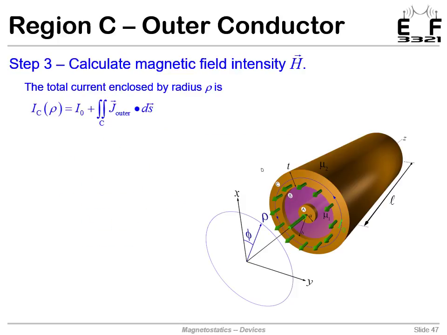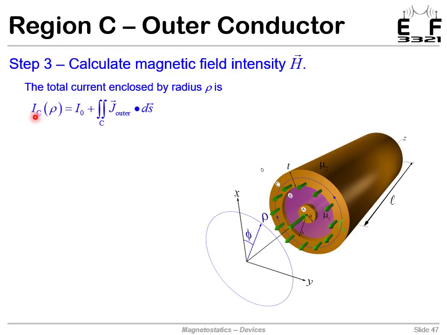Given the current density, now we're in a position to calculate the total current enclosed by this contour. And it's a little bit more complicated because we have the current in the inner conductor that's also enclosed, and then we're really subtracting the current in the outer conductor that's within this boundary of our integration and the inner radius of the outer conductor. So how do we do this?